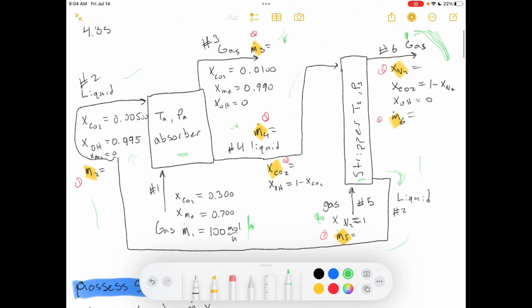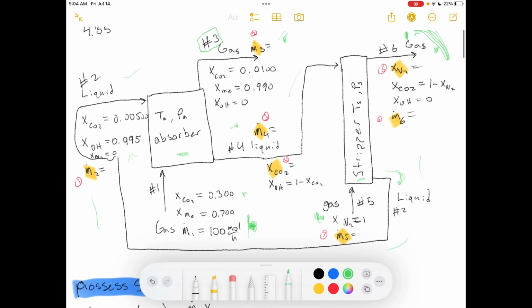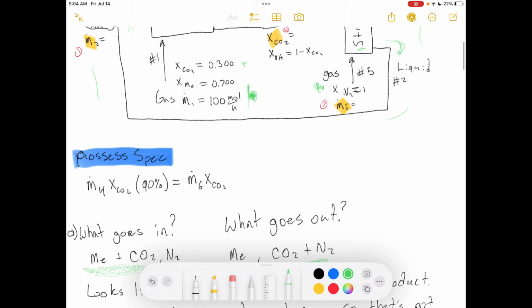So stream 3 is the product stream. So you have almost pure methane going out and like a 70%, 30% stream of methane and carbon dioxide going in. And then the carbon dioxide over here is just waste. Okay.